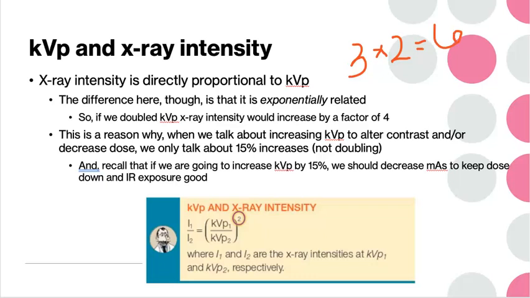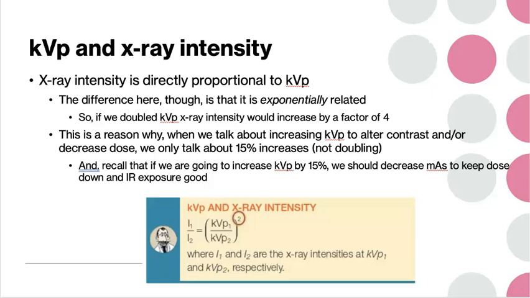And that's when we're talking basically about mass. Now, if we're talking about exponents here, which they show you in the formula, that would be 3 squared, which means we're getting a value of 9. So basically, when we say exponentially related, all we're saying is that it doesn't just double, it increases exponentially.